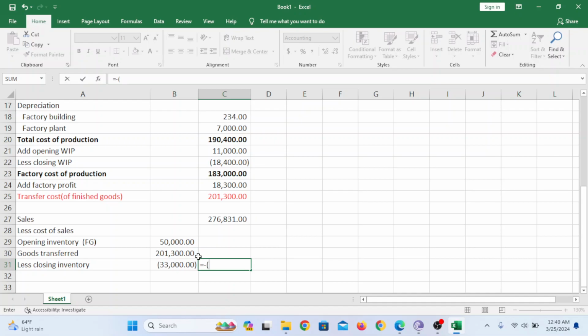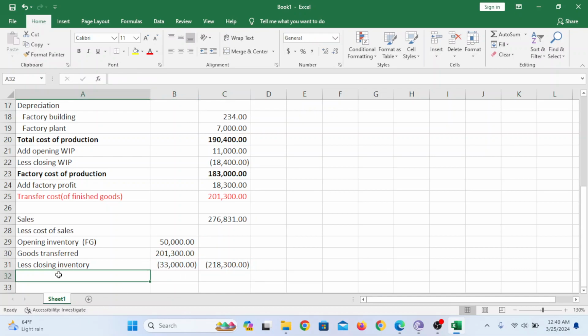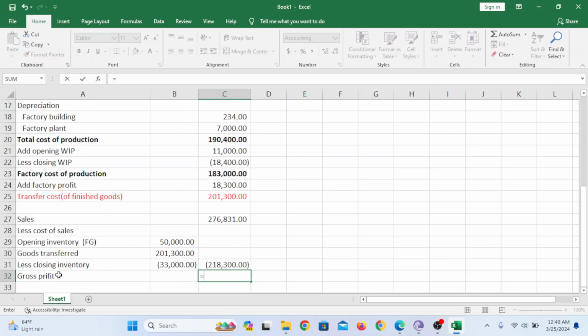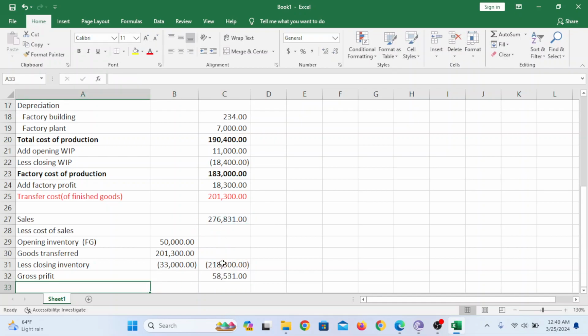So we're supposed to subtract the sum of these three. So I'm getting 218,300. The difference with the sales will give us the gross profit. So 276 minus 218 gives a gross profit of 58,531.